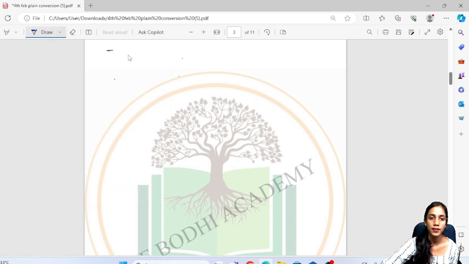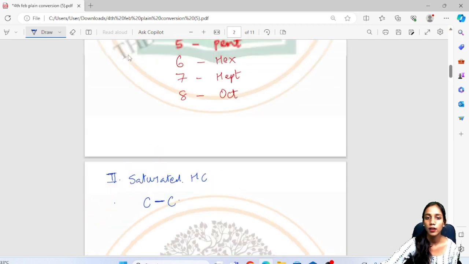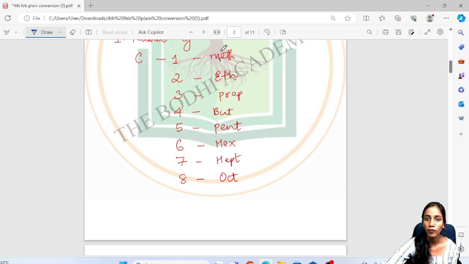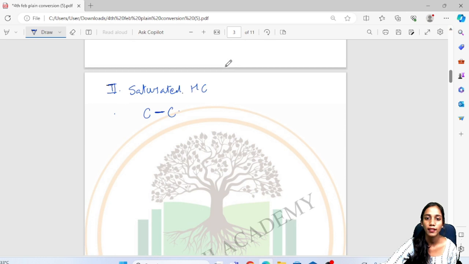As I have said, saturated hydrocarbons are the ones which have a single bond, so C single bond C. So for the nomenclature of such, you have to write the starting word depending upon the number of carbon atoms, and then you have to write the suffix.